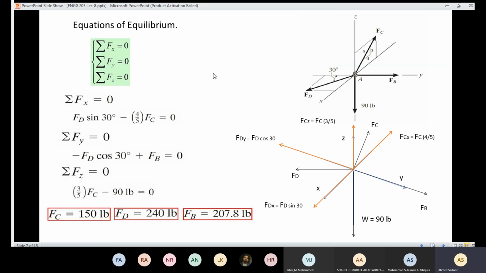Also, it's required in that example to calculate the stretch in the spring. Here we have a spring, so when I apply that force, I'm going to have a stretch. We are going to say that FB equals the spring constant for that spring multiplied by the stretch.